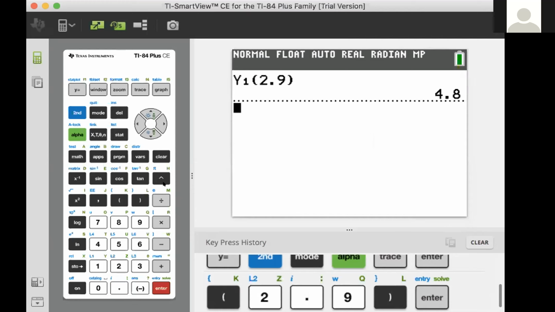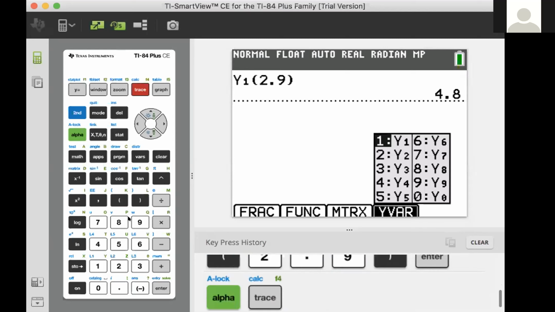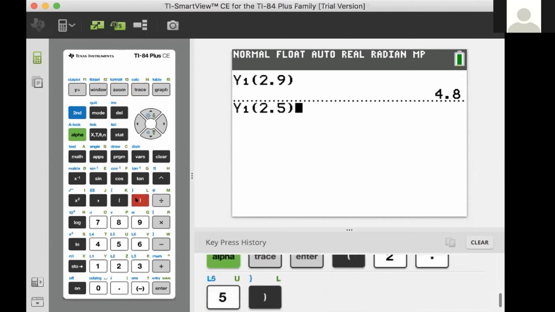And I could do it again, alpha F4, and press enter. I could plug in 2.5. But the whole point of this is to get close to 3. So I want to get as close to 3 as possible.